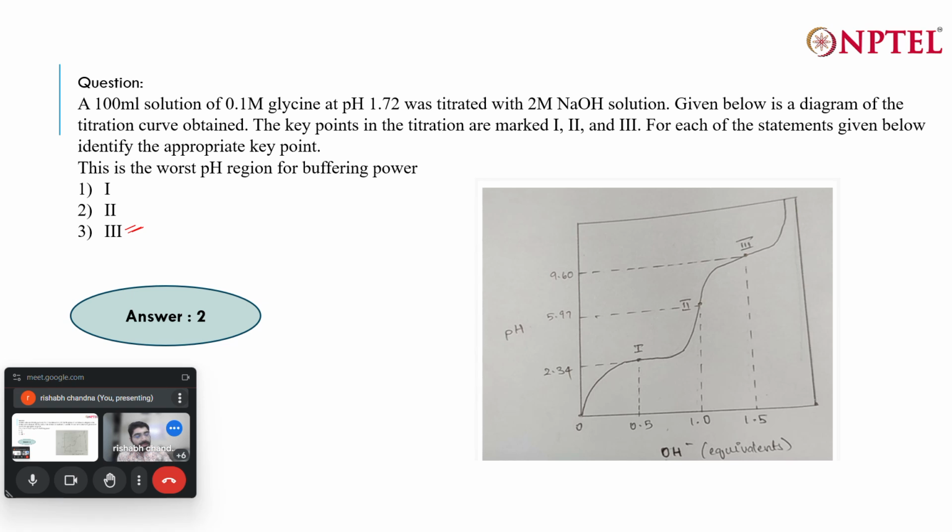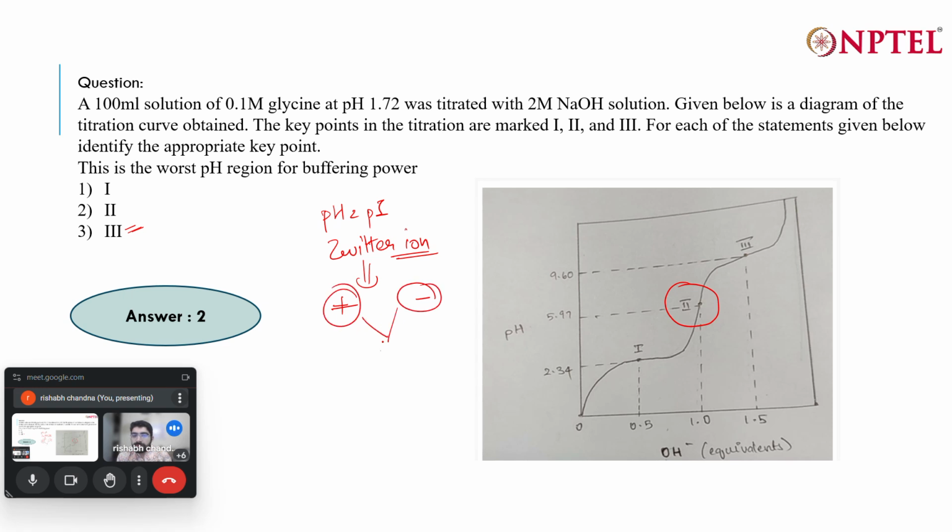Why? Because at the second position, when the pH is equal to pI, the amino acid is present in a Zwitter ion form. In case of a Zwitter ion, both the charges are present on the amino acid.